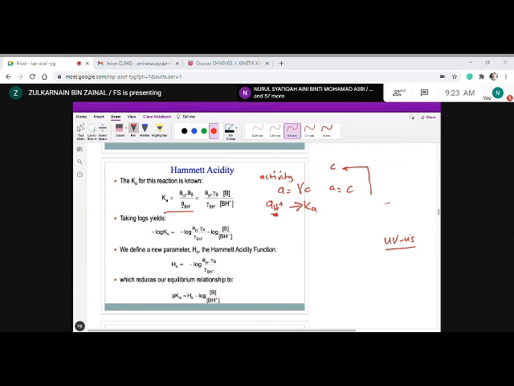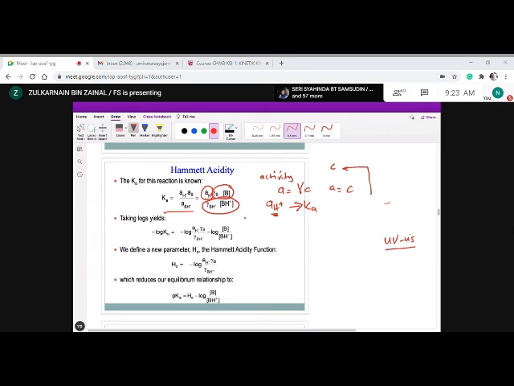And the Ka value of the acid is given by this in terms of activity. We have seen it in terms of concentration before, but to be more accurate, it should be in terms of activity. Right. So then you can see here you have the activity of H plus, and at the same time the activity of B can be written as this, and the activity of BH plus as this, right?